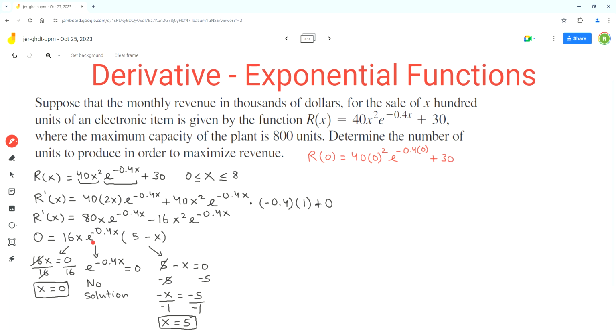Now 40 times 0 squared will be 0, and that will make the whole term 0. So we are left with just 30. So that means at x equals 0, the revenue is $30,000 because the revenue is in thousands of dollars. So that's why we have to multiply 30 by 1000 to get the actual revenue in dollars.